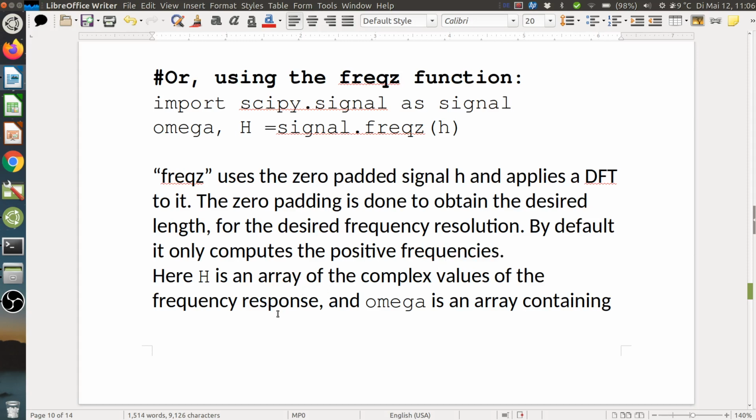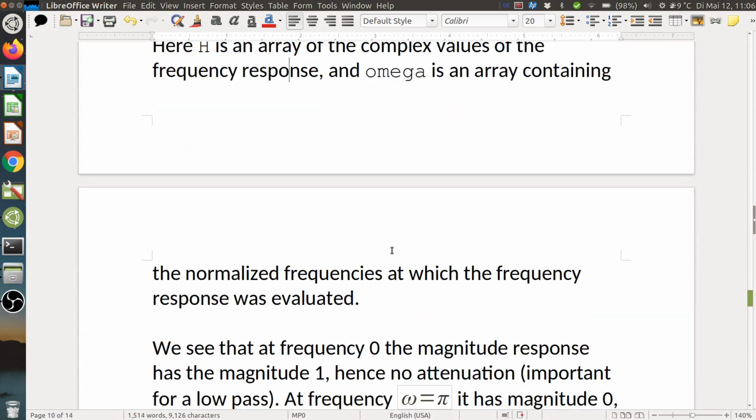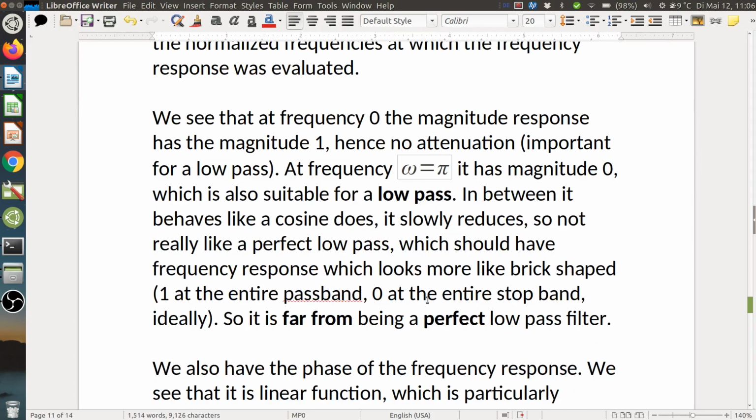So here H is an array of complex values of the frequency response, and omega is an array containing the normalized frequencies at which the frequency response was evaluated. So we see that at frequency 0, the magnitude response has the magnitude 1 as before, hence no attenuation, which is important for low pass. And at frequency omega equals pi, it has magnitude 0, which is also suitable for a low pass, right? At least Nyquist, you want to have well attenuated.